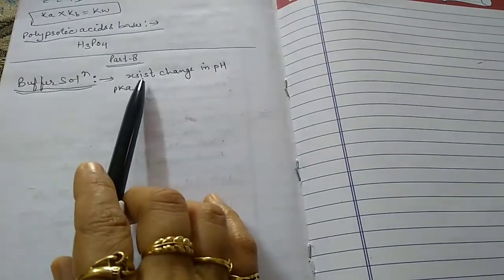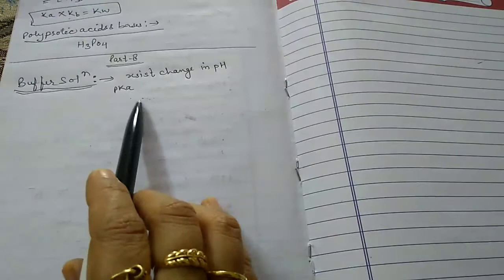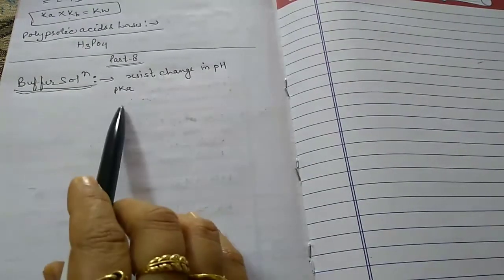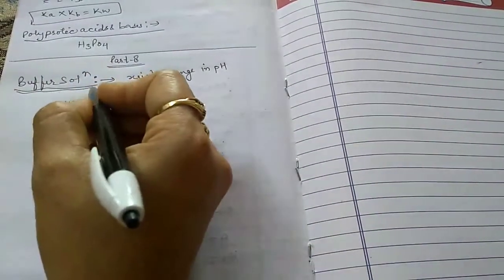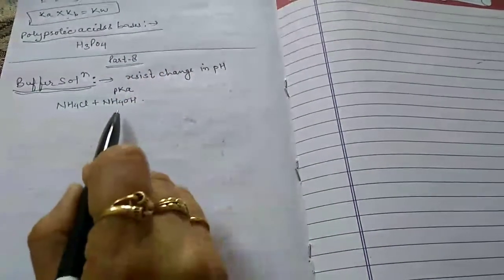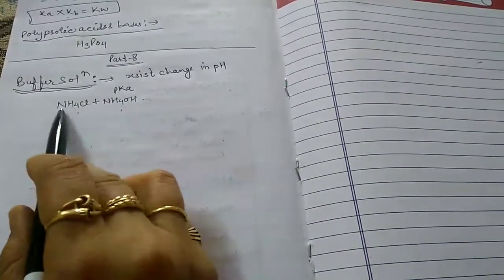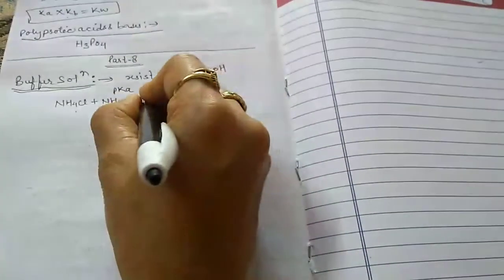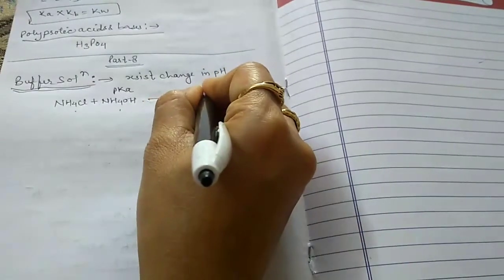A mixture of acetic acid and sodium acetate acts as a buffer solution around the pH of 4.75, and the mixture of ammonium chloride, NH4Cl, and ammonium hydroxide, NH4OH, acts as a buffer around the pH of 9.25.